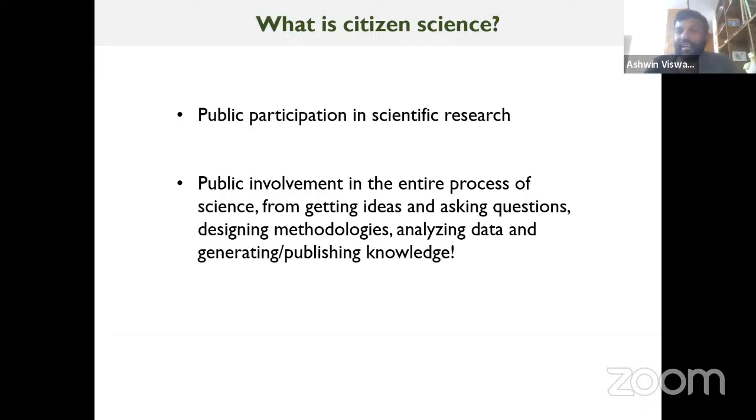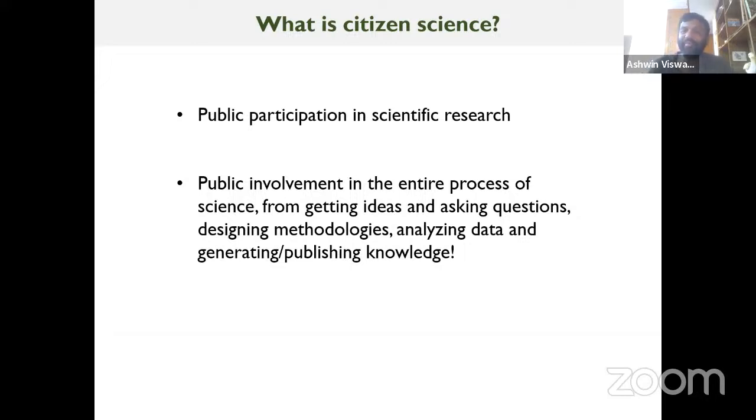So this is public involvement in not just data collection. You must have heard about citizen science projects where people contribute data, but that's not all it is. It's about public participation in every aspect of science. It's getting ideas, asking questions, some of which I suppose you've done in the course already, designing methods to answer that question, then generating the data, analyzing data, writing scientific articles.